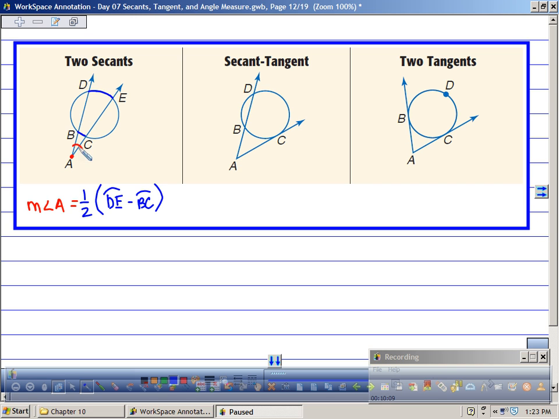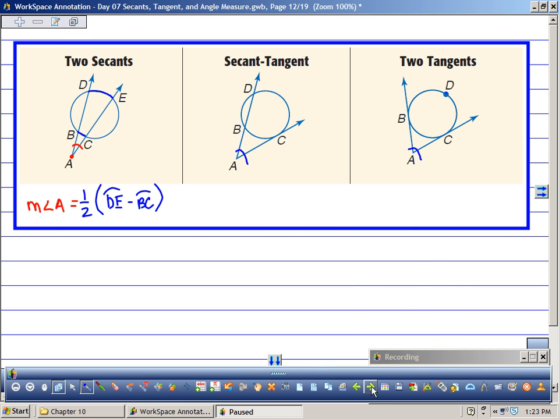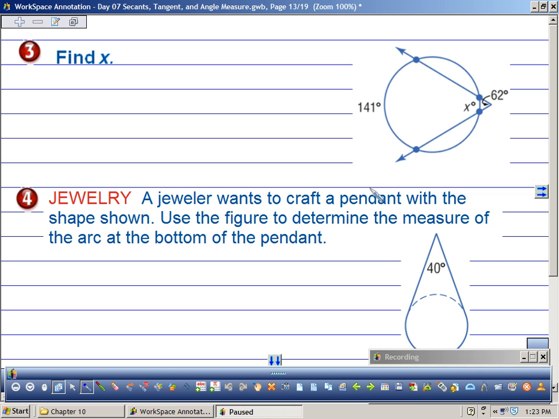So this angle is half of the difference between the two intercepted arcs. This will be the same thing. This angle is half of the difference between the two intercepted arcs. This angle is half of the difference between the two intercepted arcs. I don't think we need to write that for each one. So let's work with that. Write this one down.